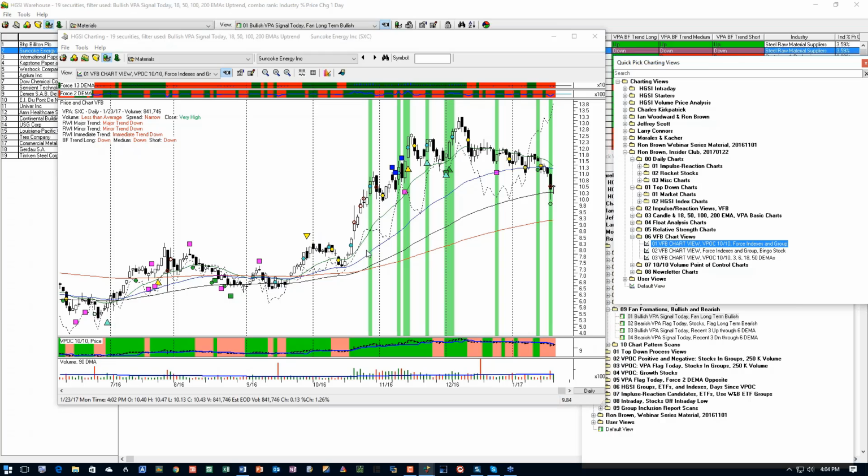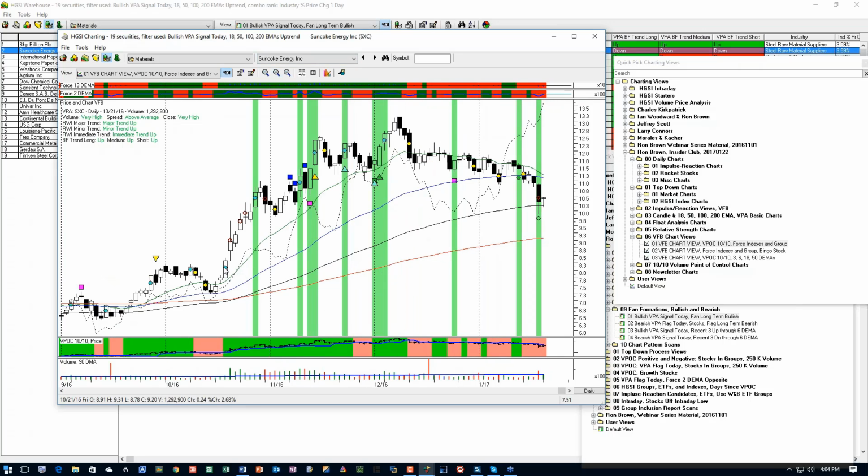No, it didn't work, because I made a mistake. The fan was not in place yet. I just looked at it quickly and you can see that the 100 had not yet crossed over the 200, so that VPA signal, even though the VPA flag was there and the volume point of control turned positive, the fan was not in place and the first signal was not generated until right here.